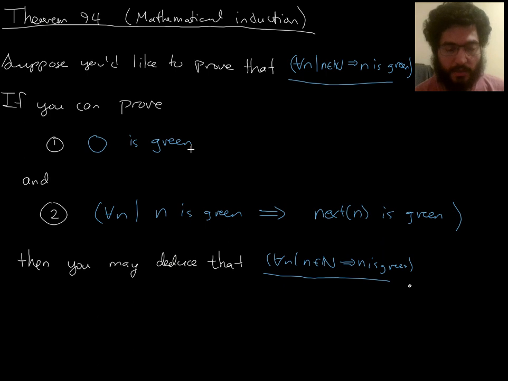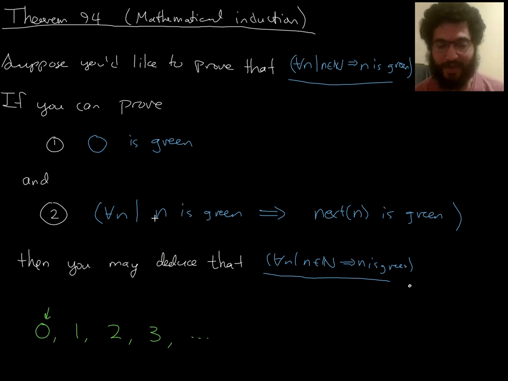So if you imagine that the collection of natural numbers consists of things like 0, the next of 0, the next of that, the next of that, and so on, then being able to prove number 1 means you've proven that this is green. Being able to prove number 2 means that you've proven, in one go, an infinite collection of statements, right?